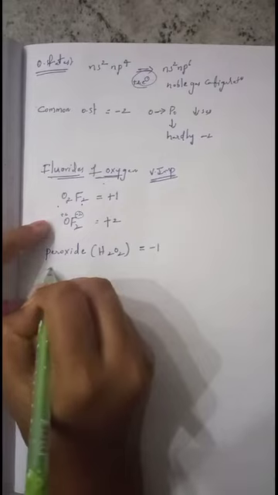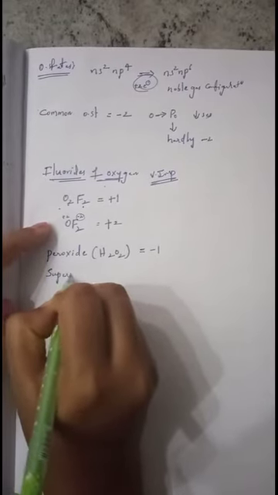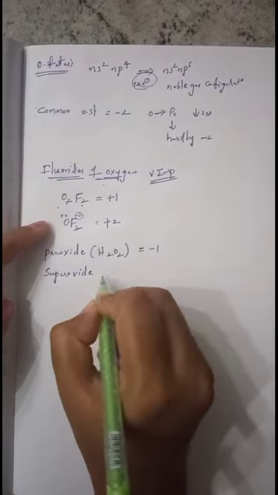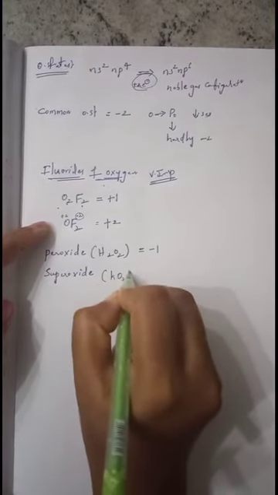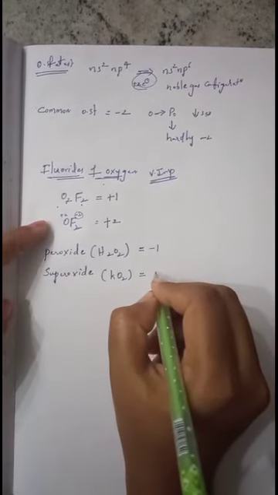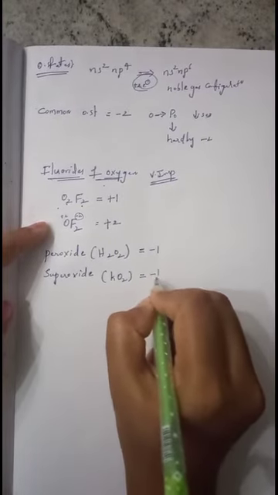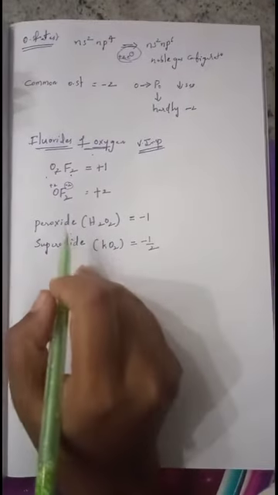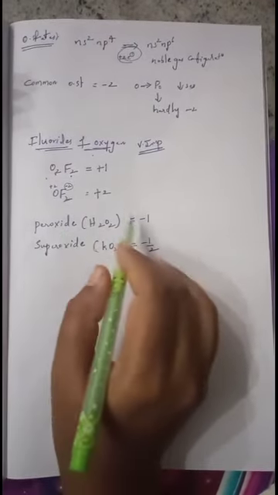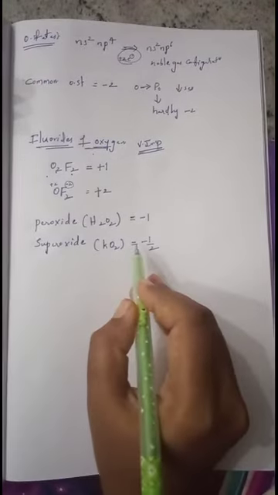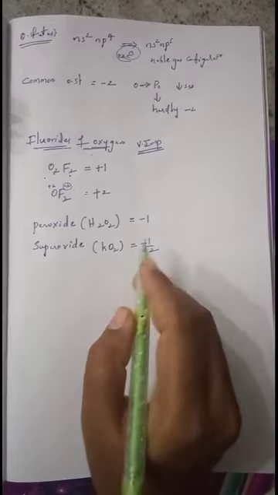Next one, superoxides. Taking KO2 as the example of a superoxide, the oxidation state of oxygen is -1/2. So when oxygen exists in the peroxide state, it shows -1 oxidation state. When it exists in the superoxide state, it shows -1/2 oxidation state.